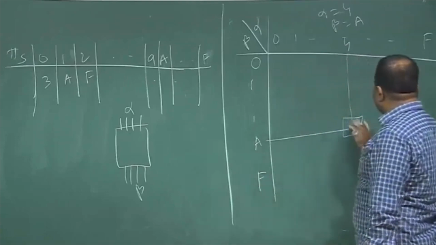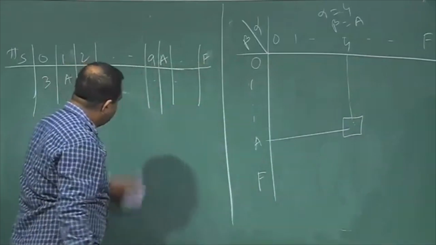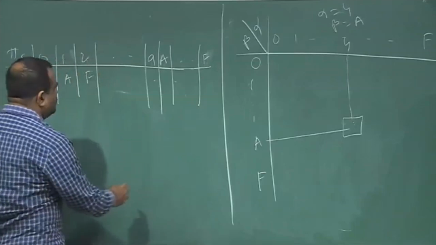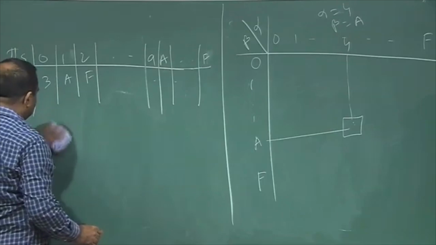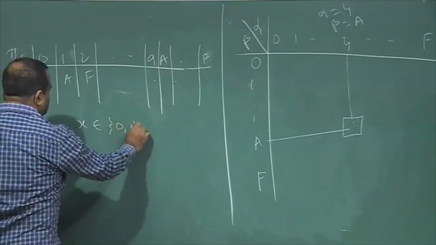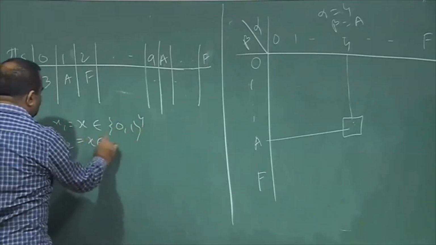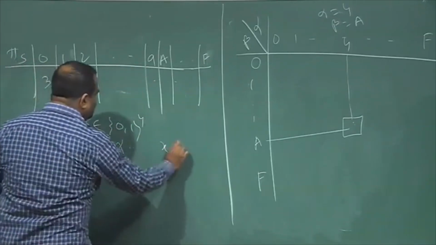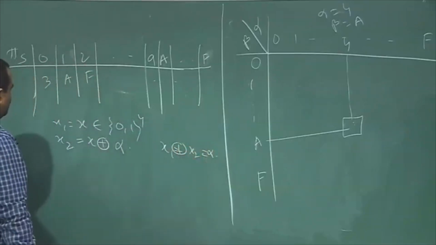So how do we fill it up? For alpha 4, the input difference is 4, which means we choose an x1, and we choose x2 as x1 XOR alpha for a fixed alpha, here it is 4. Then their difference is alpha.